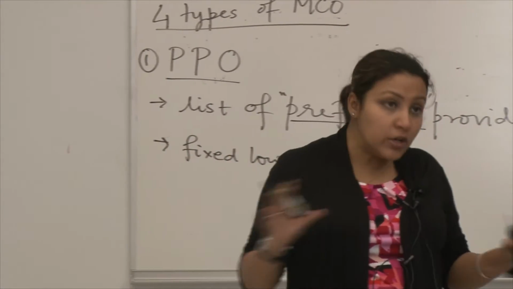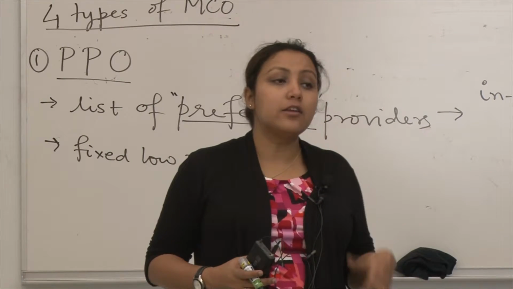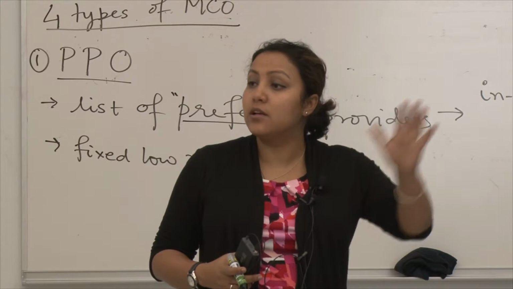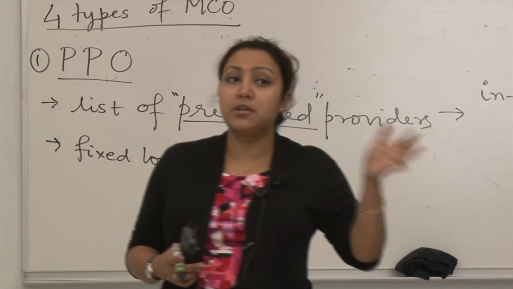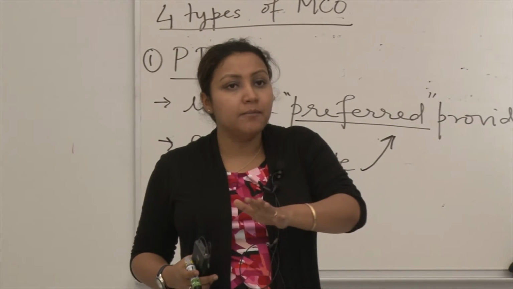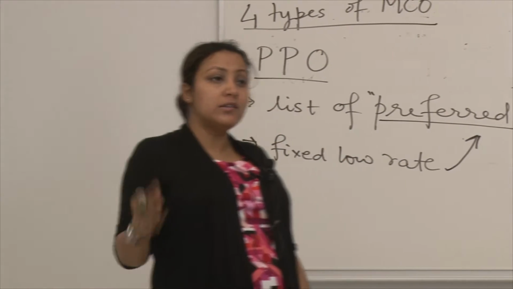So there is no restriction, but there is some amount of incentive provided to the patients to visit the preferred list of providers, to go to the in-network people, and there are some disincentives if you go to somebody who is out of network. And what is that incentive or disincentive?